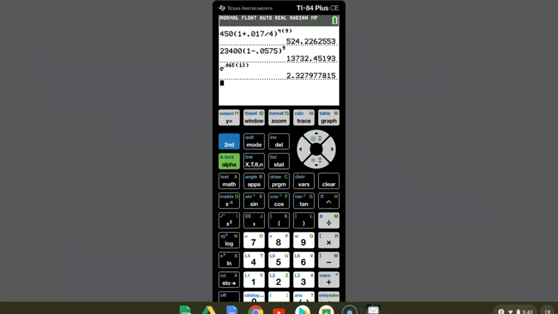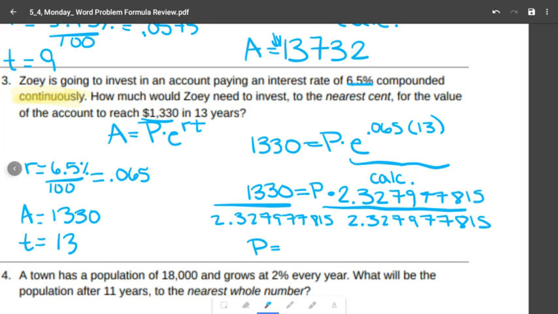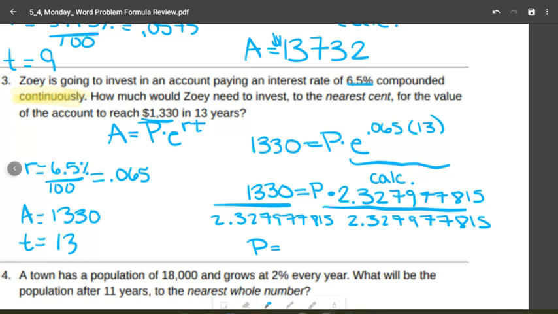So on our calculator, 1330 divided by this entire decimal. And this question tells us to round to the nearest cent, so 2 decimal places, so 571.31.